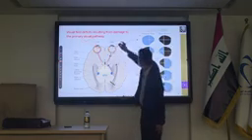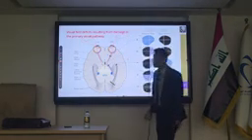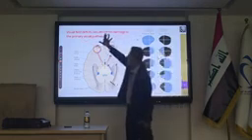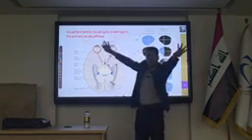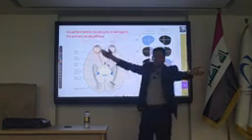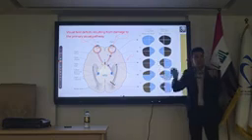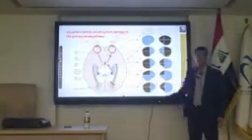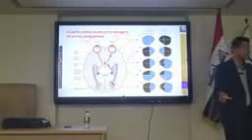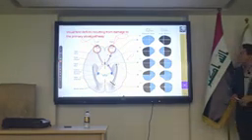The medial side is intact. The lateral side on both sides will be blind. So you can see that the lateral sides are blind, but the medial part is intact, if there is damage in the optic chiasm.